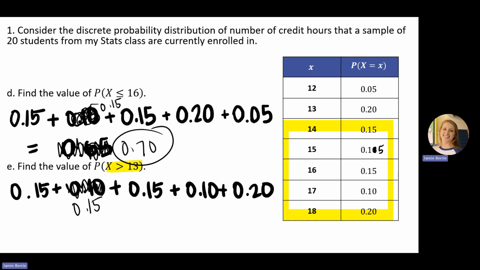Another 0.15 is 45, then 55, then 75. All right, so let's change that to 0.75. So this means about 75% of students are taking more than 13 credit hours.